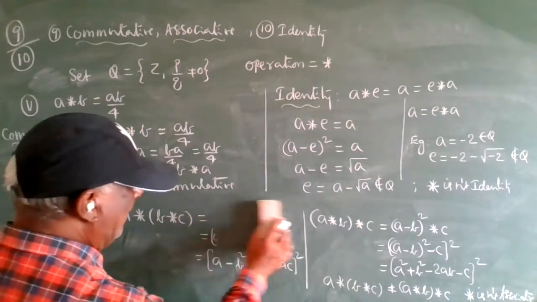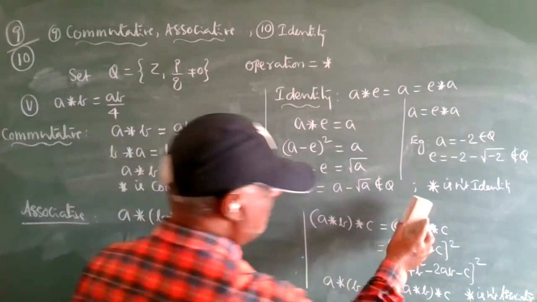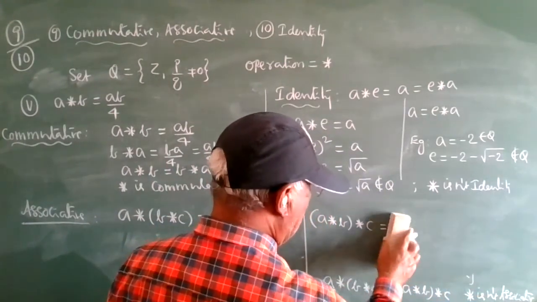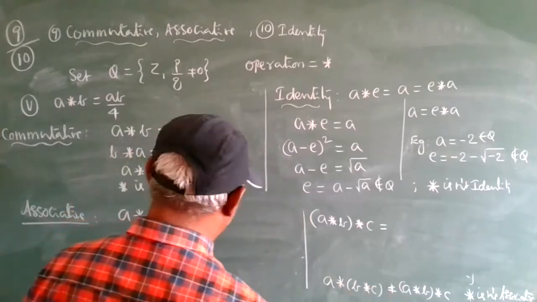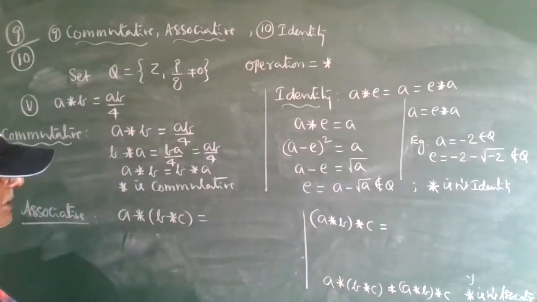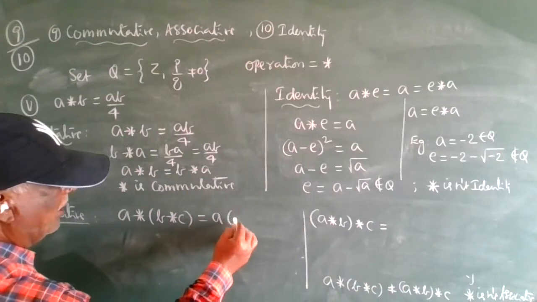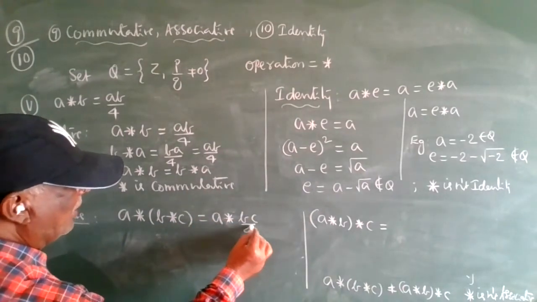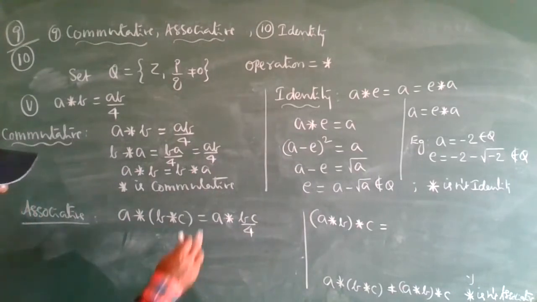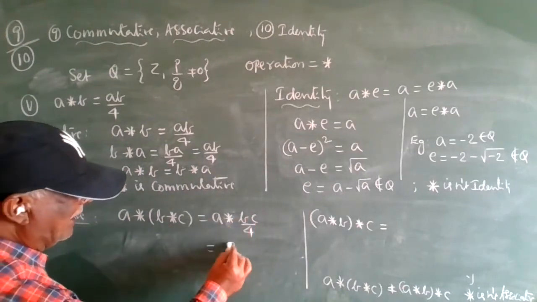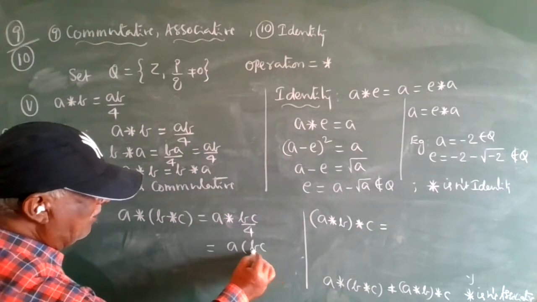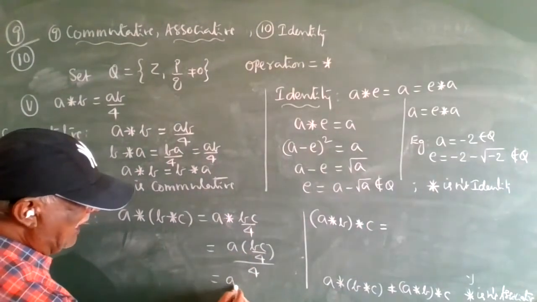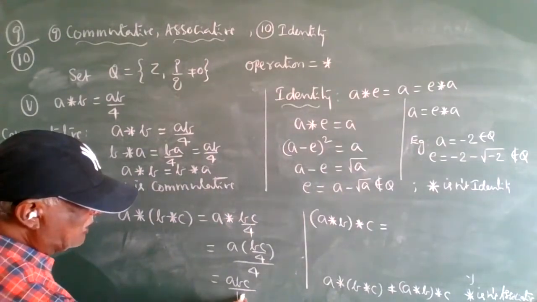Now everyone check. A star BC by 4. First element into second element: A into BC by 4, that is equal to ABC by 16.